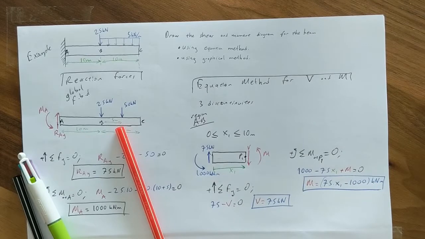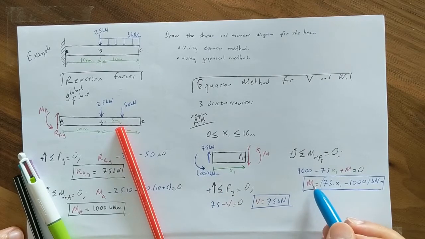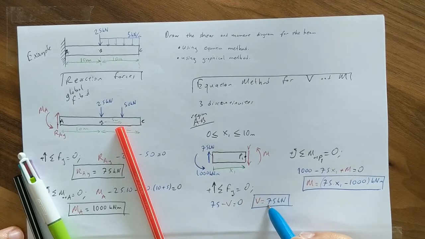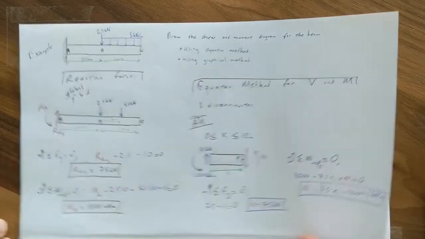Now I have determined the two equations for region AB. If we take derivative of this equation we will get this. Okay, proceeding to the region BC.